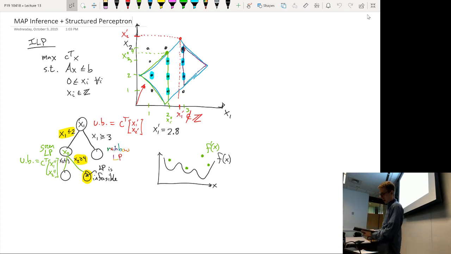So in general, this was a very long-winded answer, but the branch and bound algorithm is for non-convex functions.